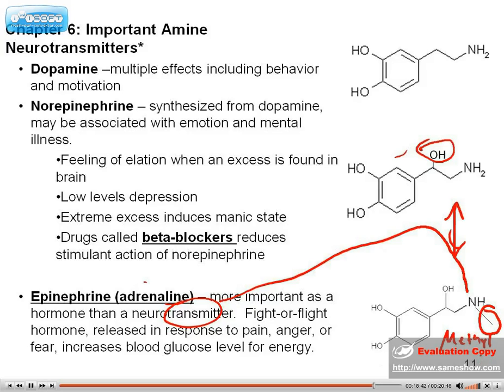Take off that methyl group and add a hydrogen, then you're back to norepinephrine. So the body's very conservative with its molecules and only likes to make subtle changes in order to create a brand new neurotransmitter. So let's make sure you memorize all of these names, sketches, and general properties.